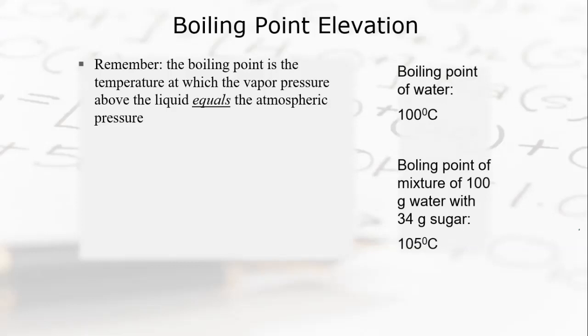Of course, we know that water boils at about 100 degrees Celsius at 1 atmosphere pressure. If I mix 100 grams of water with 34 grams of sugar, the boiling point goes up to 105 degrees. Notice that? In other words, the presence of the solute makes the water boil at a higher temperature.